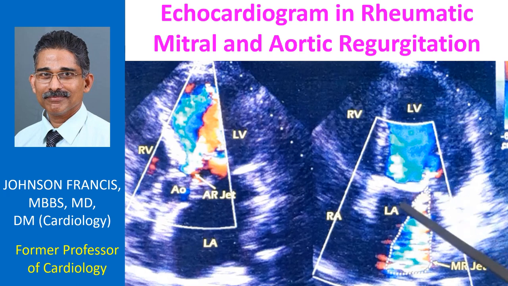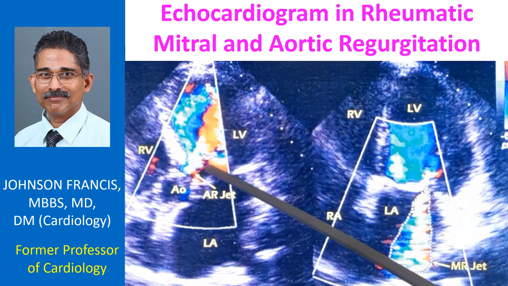When the jet is eccentric, the assessment of area for noting the severity may not be correct. It will underestimate if the jet is eccentric. But in a central jet, it's fairly reasonable. But color Doppler estimation of severity is mostly semi-quantitative. You cannot say it is highly a quantitative estimation.